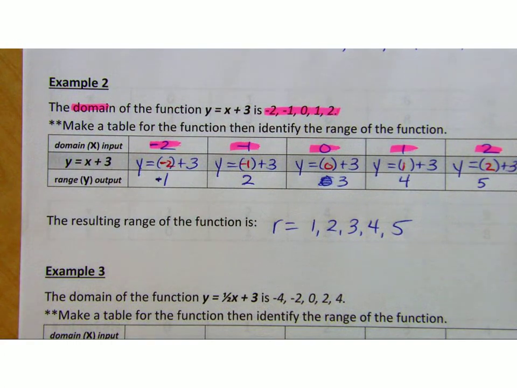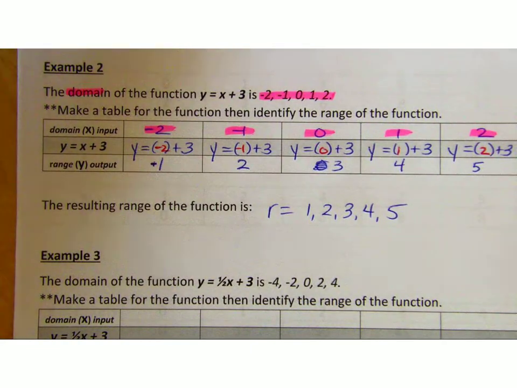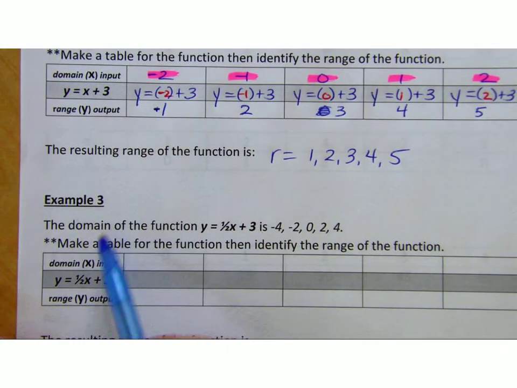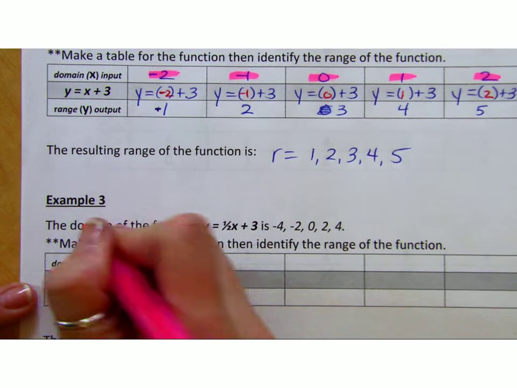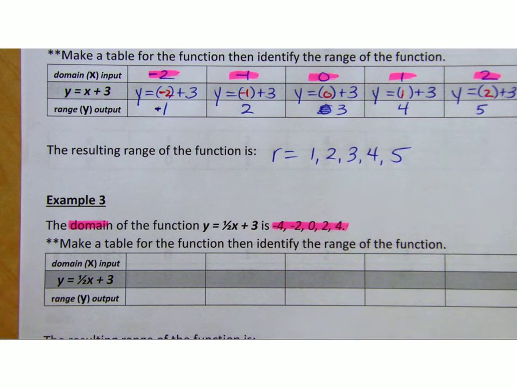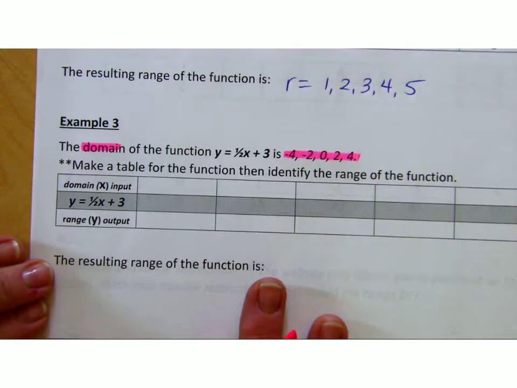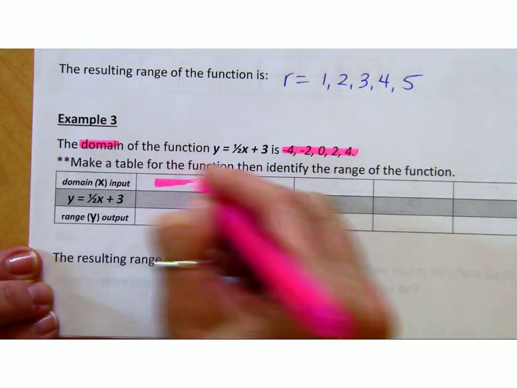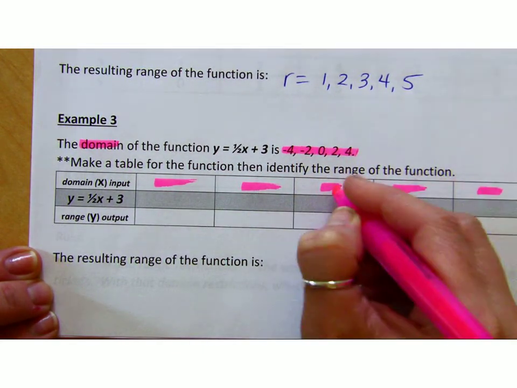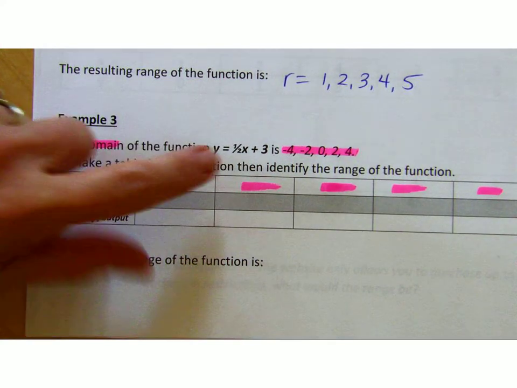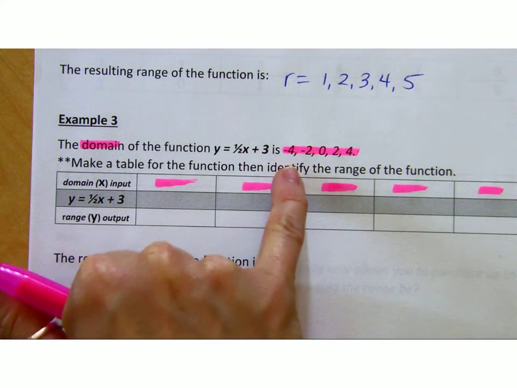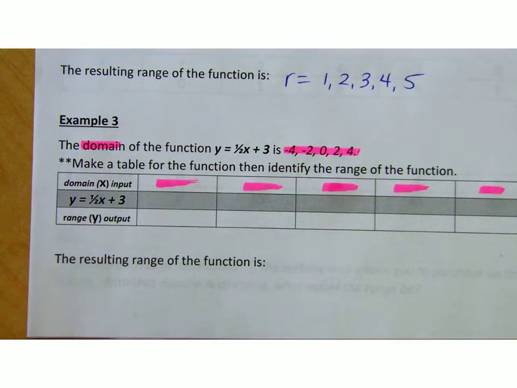This last one gets a little tricky, all right? So you're doing 2 things. So the domain of the function, we have a different domain, and I want you to see in a minute if you can figure out why I chose my domain up for this. Look at the function that I'm asking you to do. I'm asking you to place those values in for x and multiply it by a half. Multiplying by half means divide it by 2.